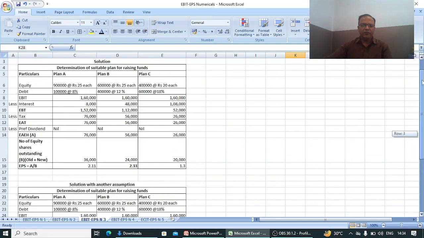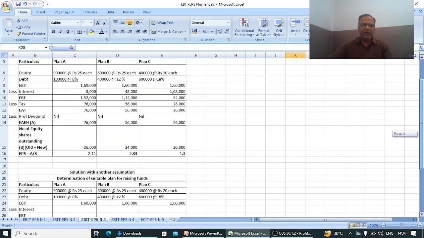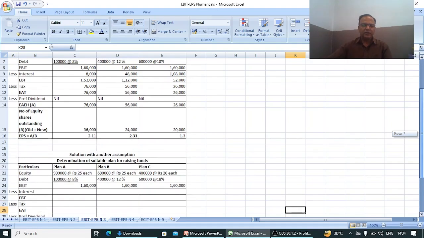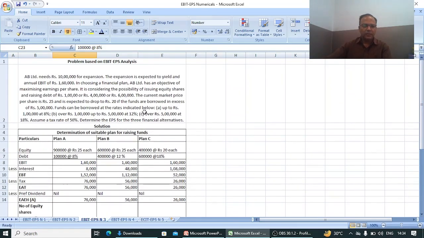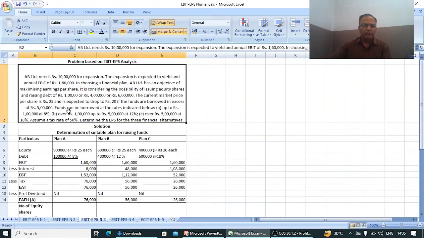Assumption is that when a firm is getting rupees 1 lakh, the firm has to pay interest at the rate of 8%. Over 1 lakh to 5 lakh at the rate of 12%.